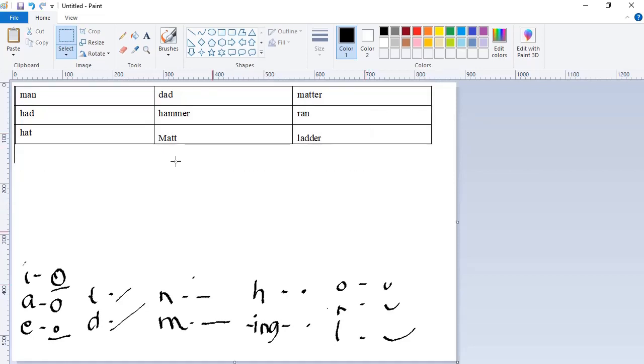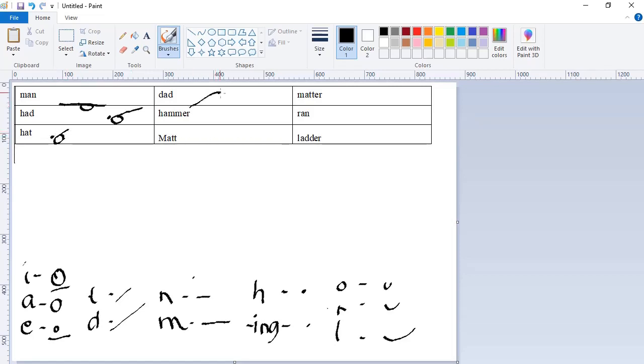So, when you say man, ang stroke ng man is m, a, n, man. Next, had. We have a, d, and then your H. Next, hat. We have a, t, and then your H. Bakit parang alit ng ating a? I have a, t, then yung inyong H. Next, dad.